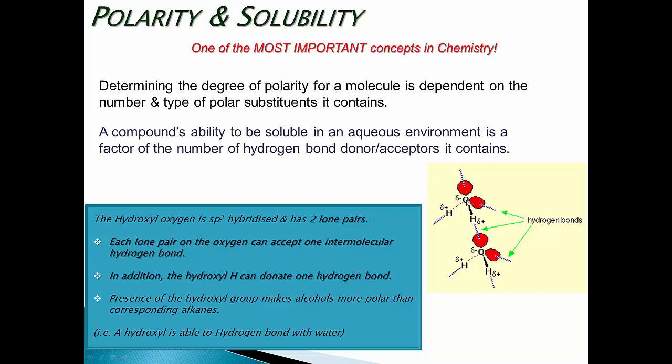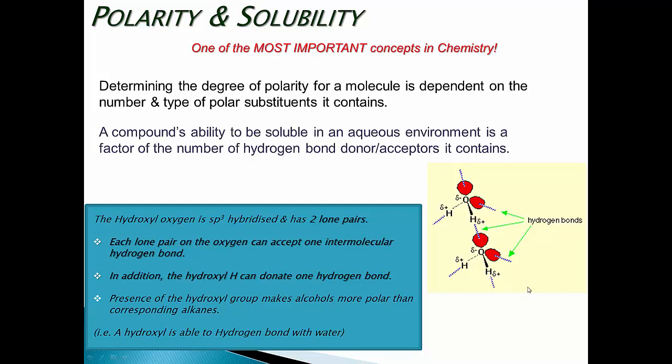This oxygen also is sp3 hybridized and has 2 lone pairs. Those lone pairs can accept a hydrogen bond. So we can accept a hydrogen bond coming in there, and this hydrogen can donate a hydrogen bond to another water molecule that's close by.